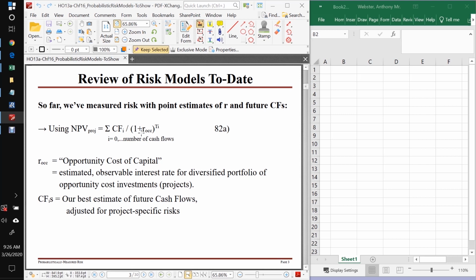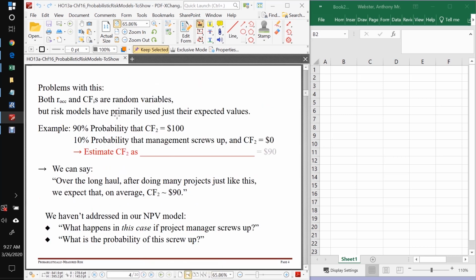And we've been using point estimates for both of these, for our future cash flows and our discount rates. Some of the problems with this are that our opportunity cost of capitals and our future cash flows are both random variables. And as I just pointed out, we've been using their expected values without thinking about their probability distributions.